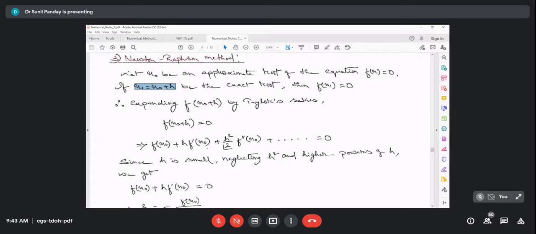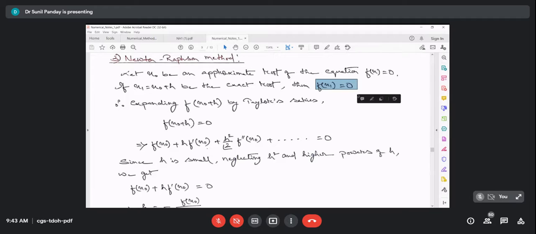Actually all the methods are like this, and this h, you can say the function of h, changes for different methods. So we know that this is x1, and we are searching for this x1 such that f(x1) is 0.